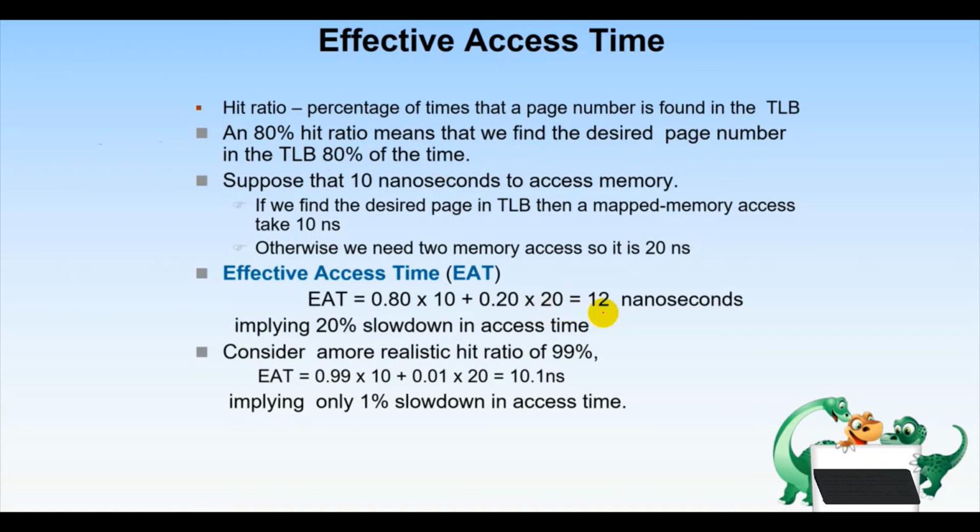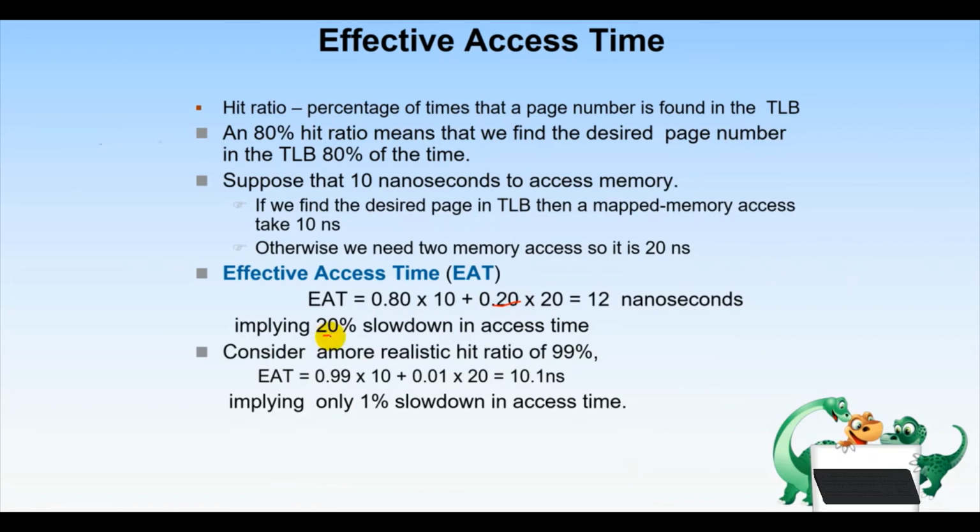So with an 80% TLB hit ratio, the average memory access time would be 12 nanoseconds, which is a 20% slowdown to get the frame number.